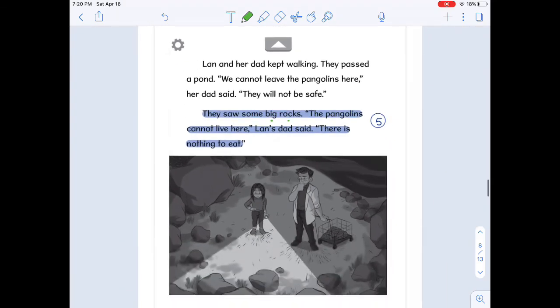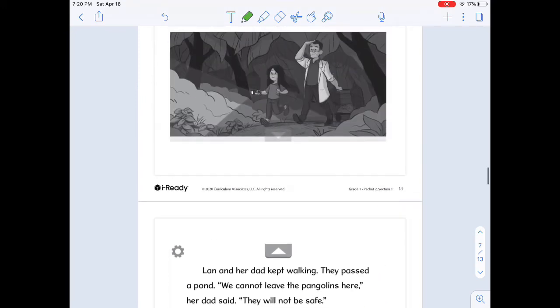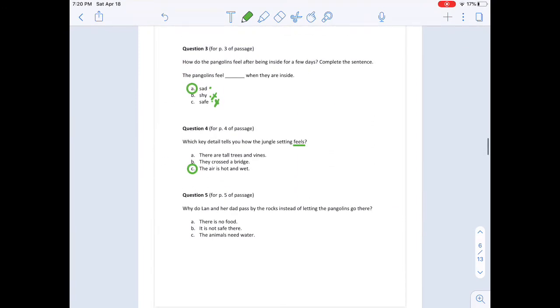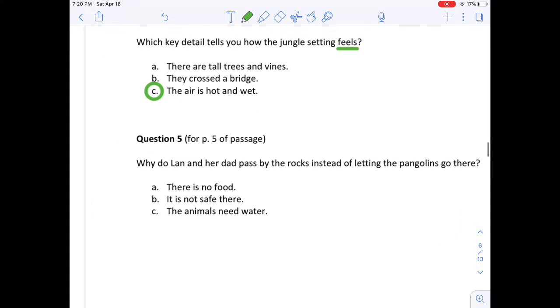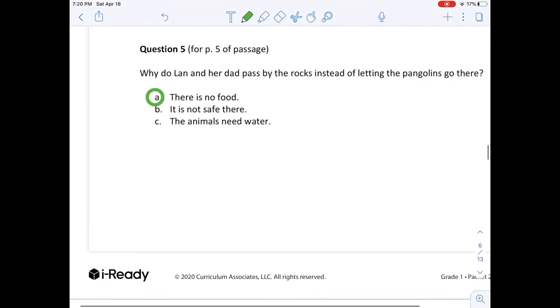I think we're on to something here. They saw some big rocks. "The pangolins cannot live here," Lan's dad said. "There is nothing to eat." I think we found our answer, boys and girls. We are being great text evidence detectives today. If there's nothing to eat, there is no food.